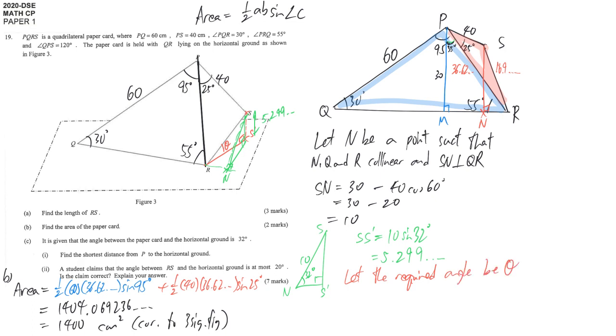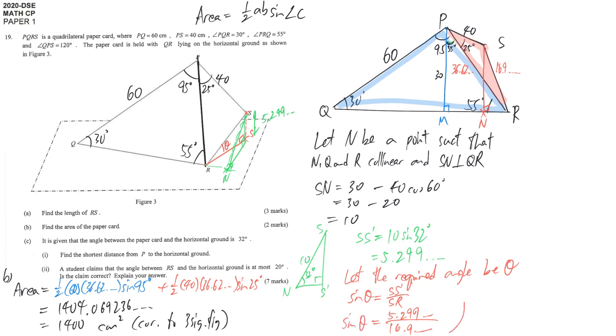So we have opposite, which is the height here, and together with the hypotenuse, so we use sine ratio. Sine theta is equal to opposite SS prime divided by our SR. So we just substitute the value 5.299 something and then over 16.9 something in your memory slot.